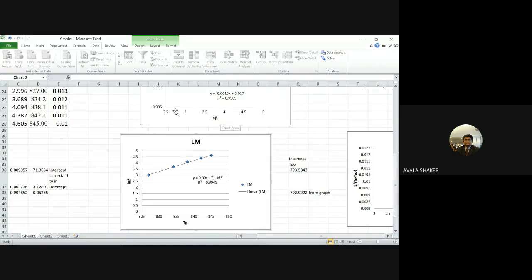Earlier it was 1 upon Tg minus T0, so here there is no Tg0. It is just ln of beta versus Tg. Now what we are interested in here is basically the intercept. I would like to know what the intercept of this would be.